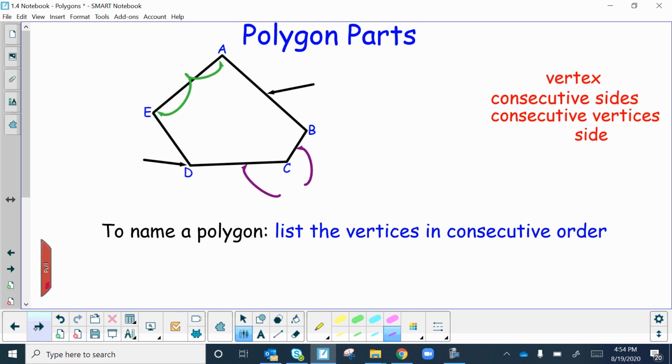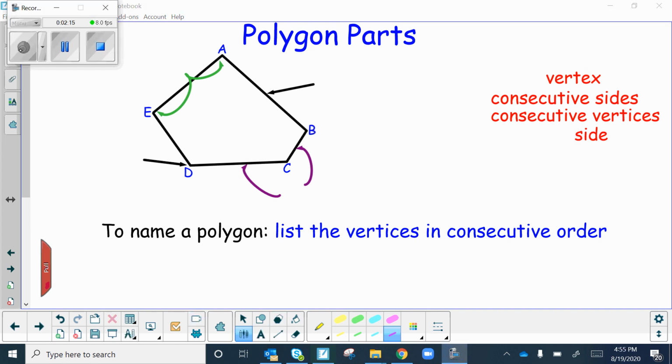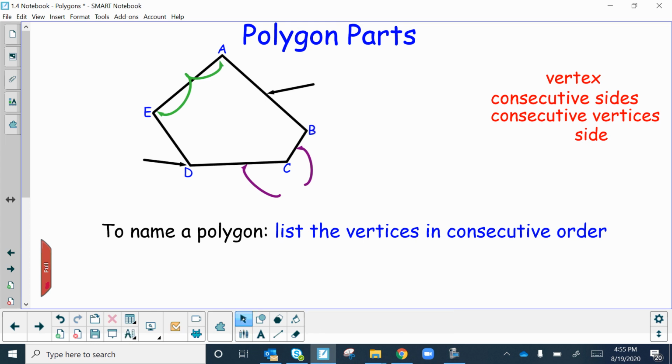Polygon parts. You'll hear the teacher say different part names that you'll need to recognize, and you may have heard of these before in the past, but just make sure you know what we're talking about when your teacher calls out these particular vocabulary words.